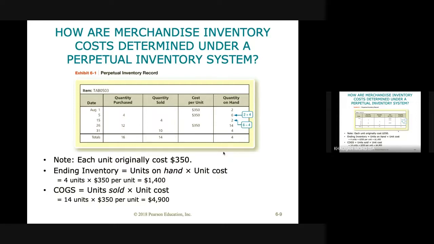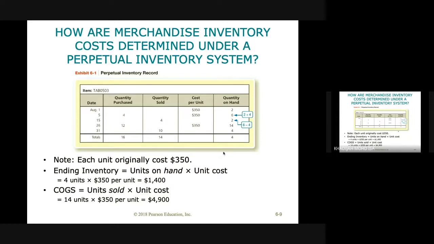Looking at this example, on August 1st, you have 2 units in hand, and each one costs $350. On August 5th, you purchase another 4 units. Initially you have 2 units in hand, now you have 4 units purchased, so in total you have 6 units. The opening balance plus your purchases during the period.